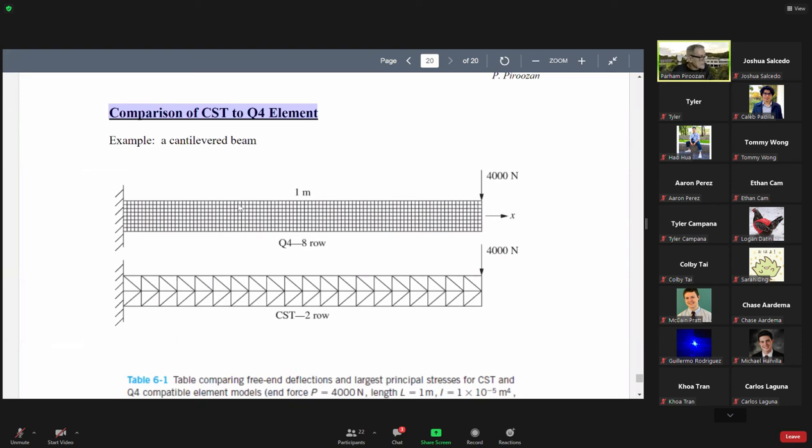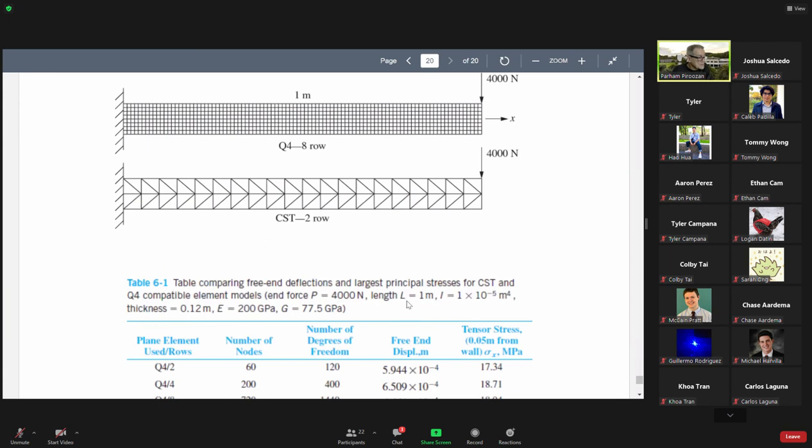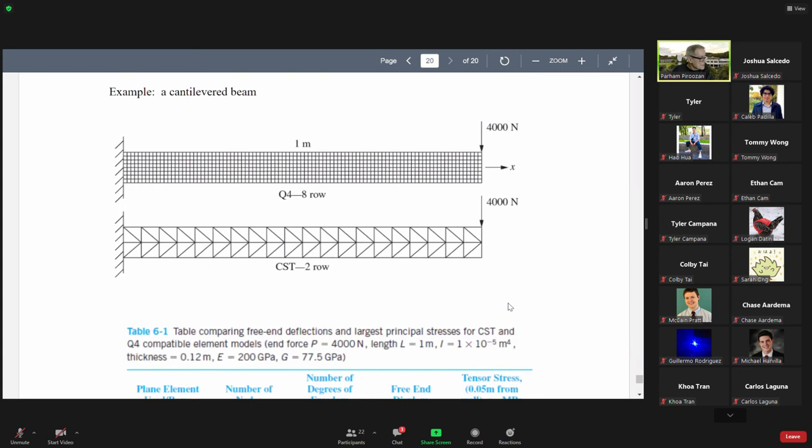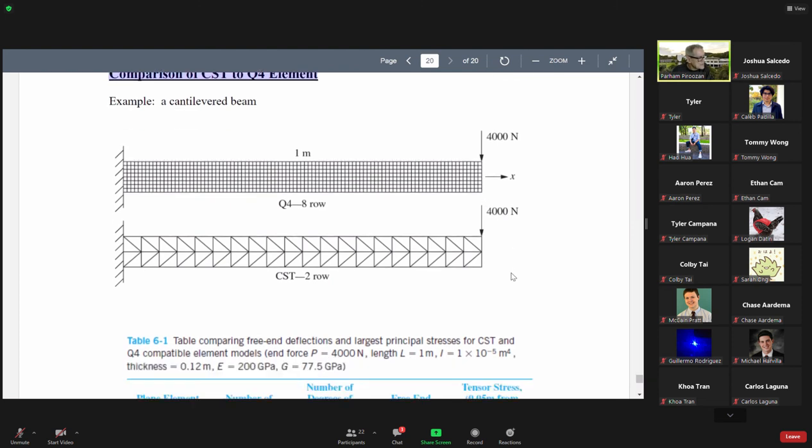This one is a cantilever beam, 1 meter, with the dimensions possibly given here. The length is 1 meter. The area moment of inertia is given, so the height is not specifically given here.